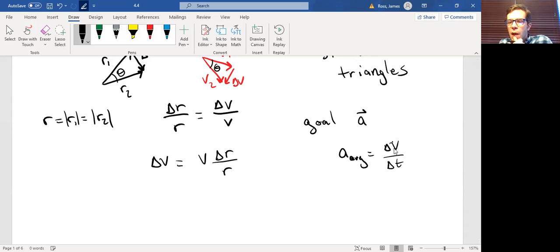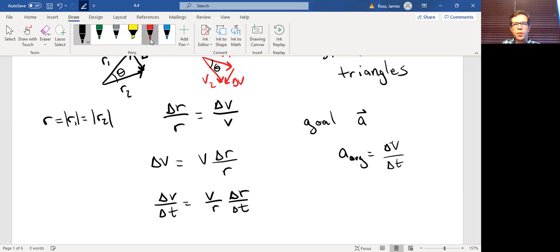And I'm doing it with deltas, but you can think of it as taking the derivative of both sides. Here, I'm just going to divide by delta T on both sides. It's the same process. And I'm just going to group my deltas on this side.